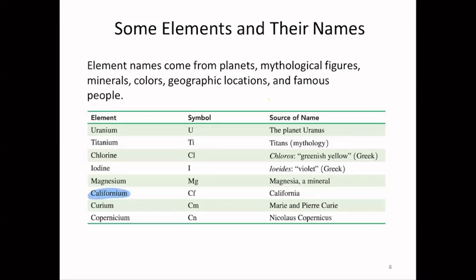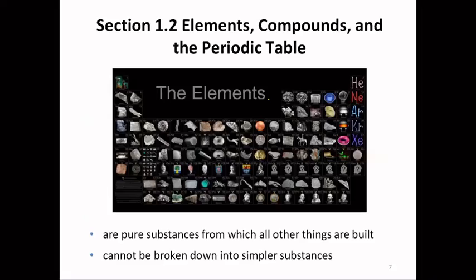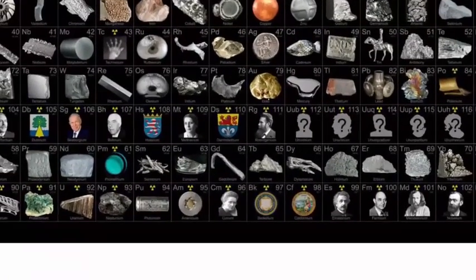California, with the symbol CF, is named after the state of California, okay? There is one more element that is named after the state of California, okay?